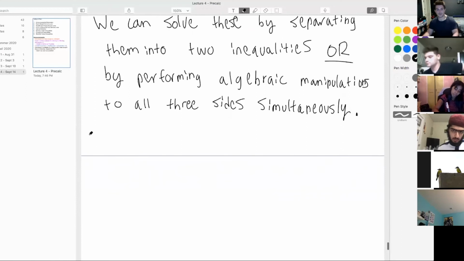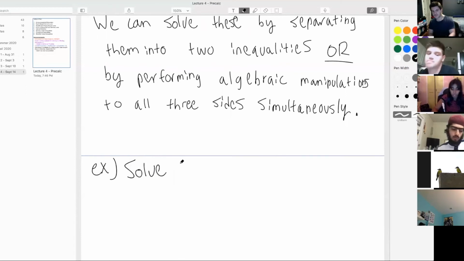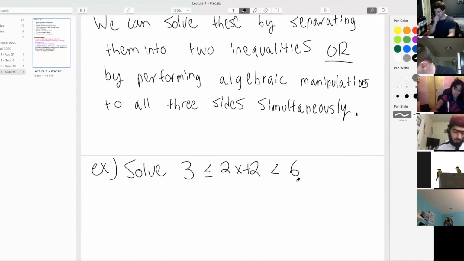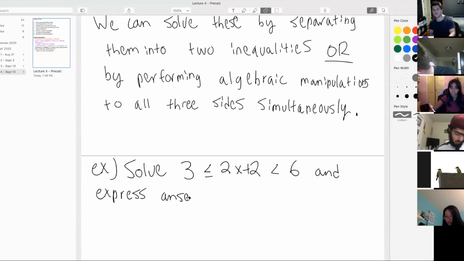Okay, so what's the example? We're going to do both methods here. So let's solve 3 is less than or equal to 2x plus 2 is less than 6, and express your answer in interval notation.